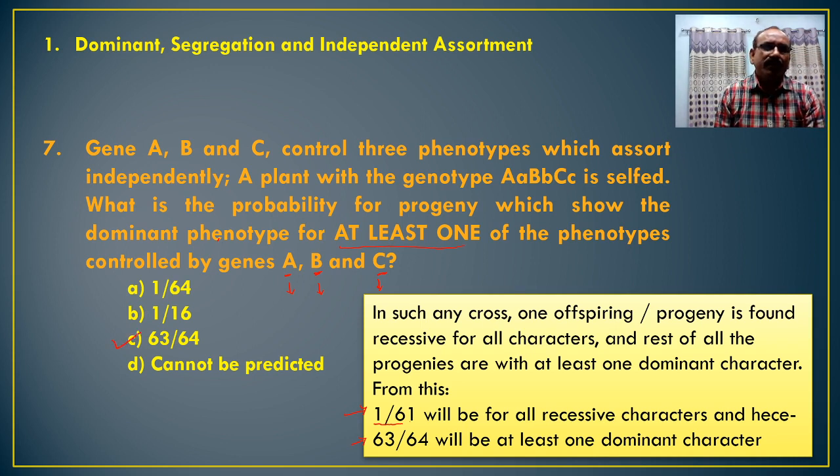Means the progeny formed by such crosses will show at least one dominant, capital A, capital B or capital C, in 63 progeny out of 64. Hence C will be the answer.